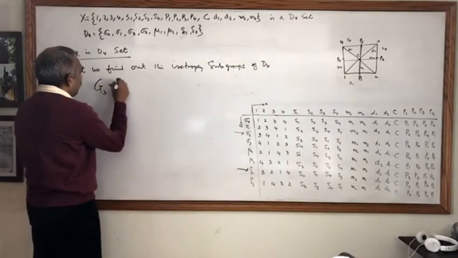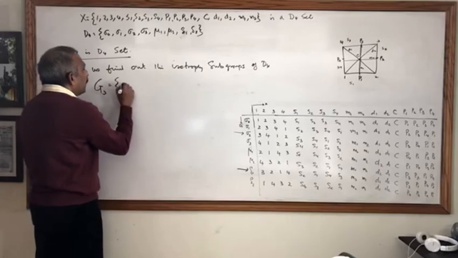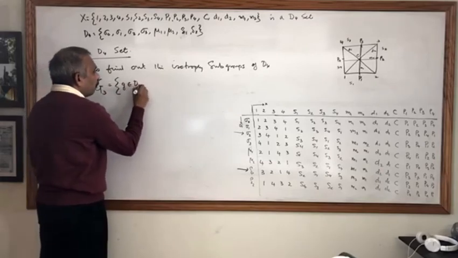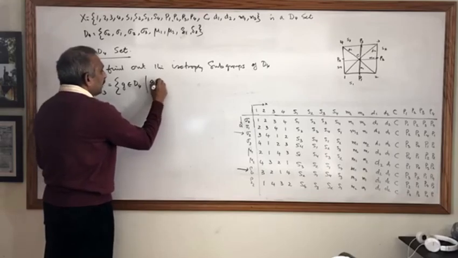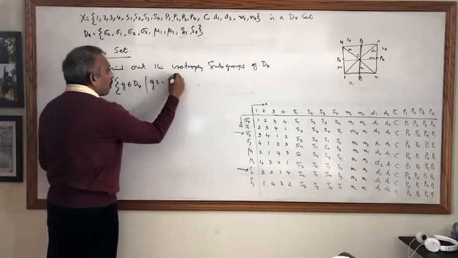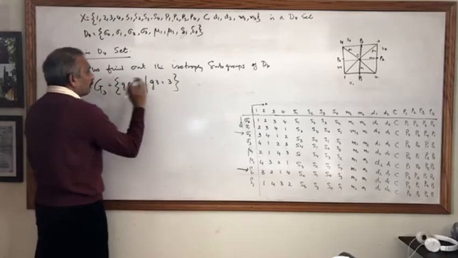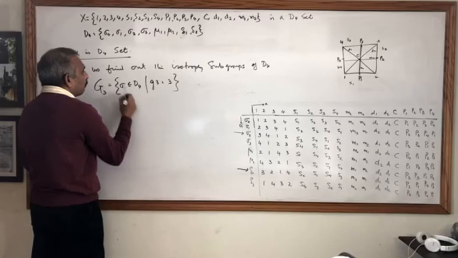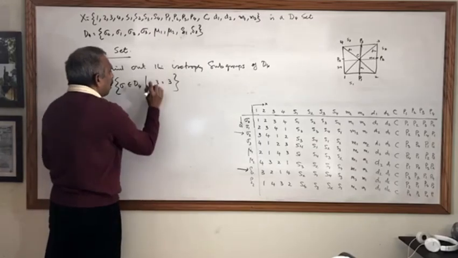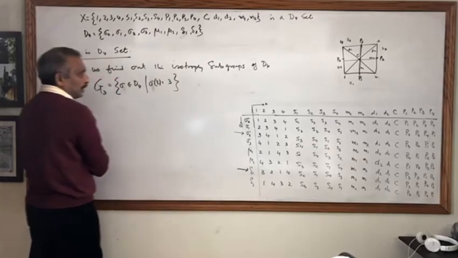This is defined by elements from D4 such that G3 is equal to 3, or sigmas from D4 so that sigma of 3 is equal to 3.